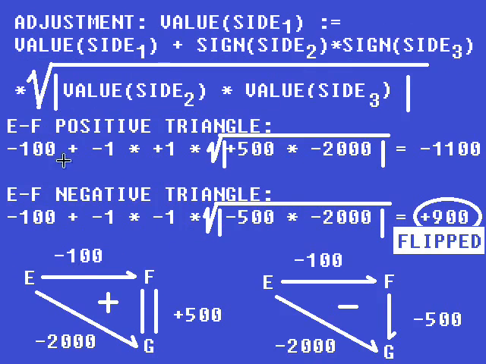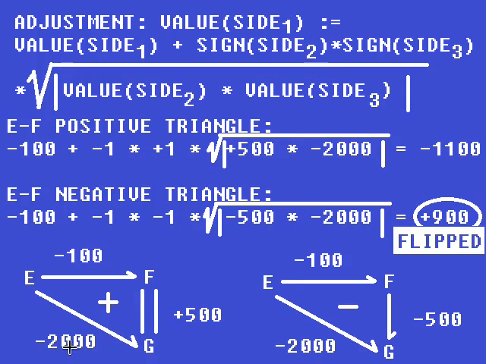It is itself plus. You then multiply the absolute values of the other two sides. Okay? Basically this. You take the square root out of it, so that this thing doesn't skyrocket in absolute value. Okay, so you take the square root of this multiplication. This is giving you 1,000,000, and the square root of it is 1,000.